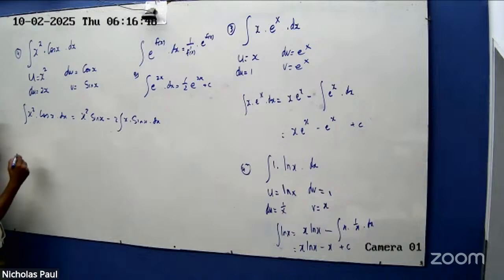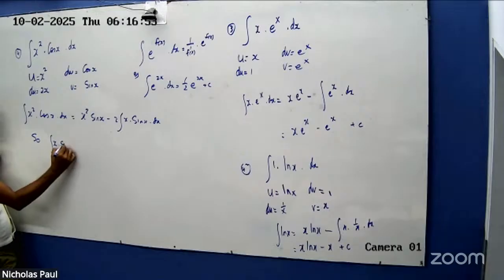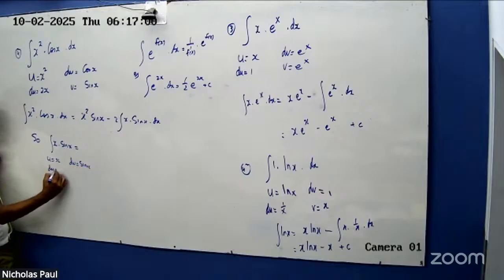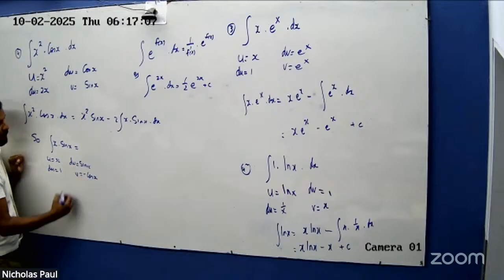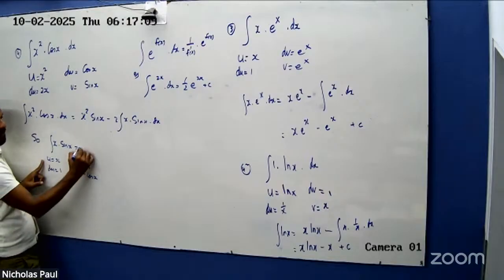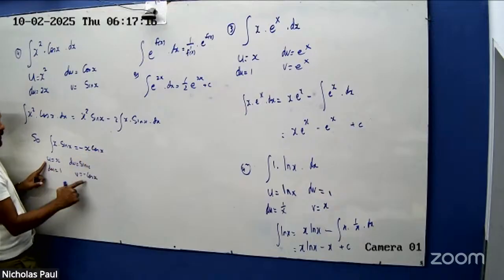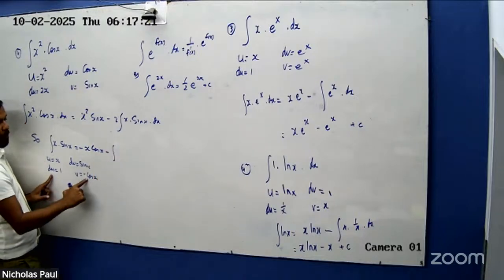So the integral of x sin x: u is equal to x, dv is equal to sin x, du is 1, v is the integral of sine, which is minus cos. So I'm going to plug it in here, u times v, leaving my minus sign on the outside, minus the integral of v du.